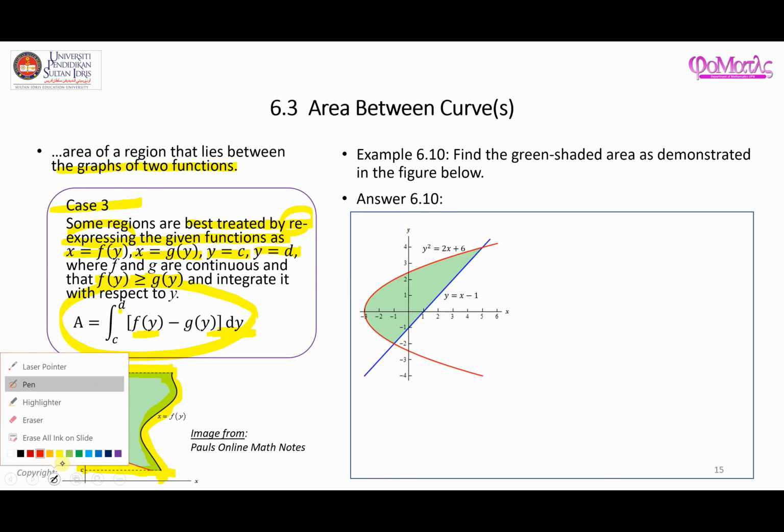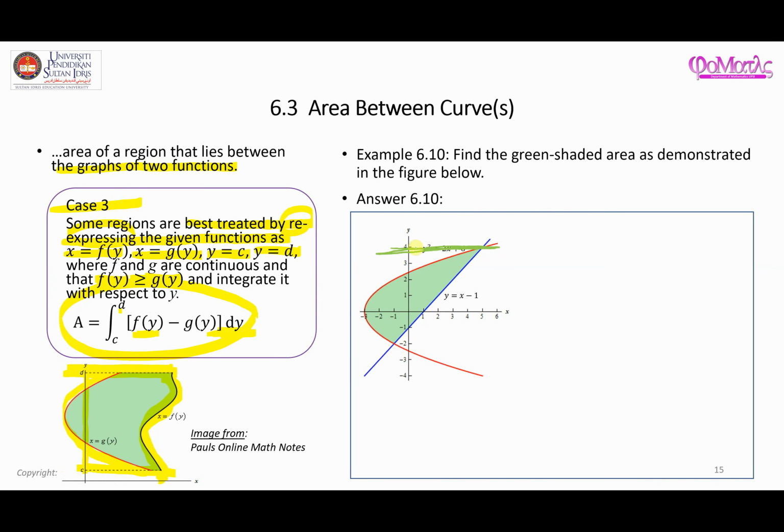Based on that, this is the limit, y equals 4, and there's another one, the limit where y is equal to -2.